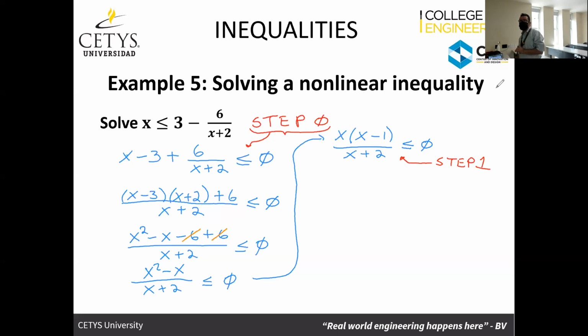So in this case, the roots are going to be x equals 0 for the first one, x equals 1 for the second one, which are these two, and x equals -2. The first two values make the numerator 0, the last value makes the denominator 0. Those are the values that we're going to take into account.